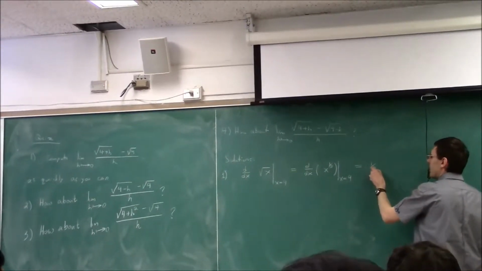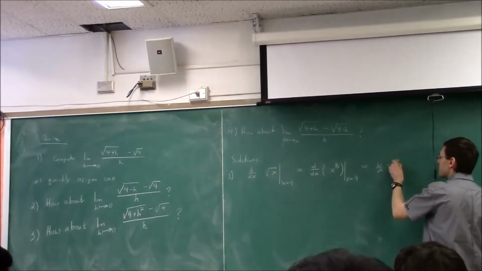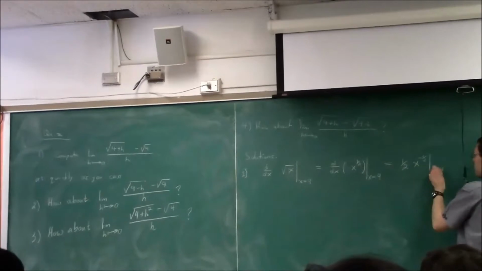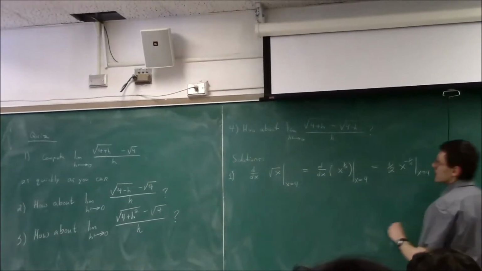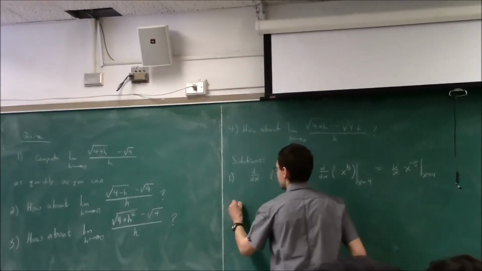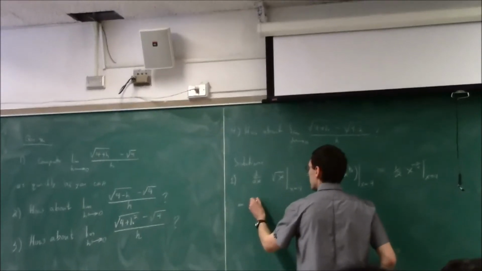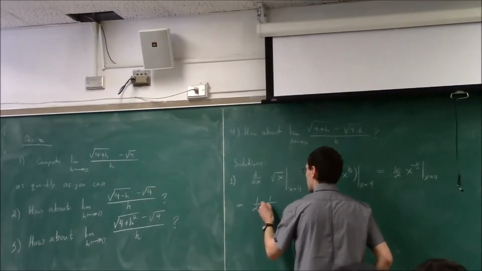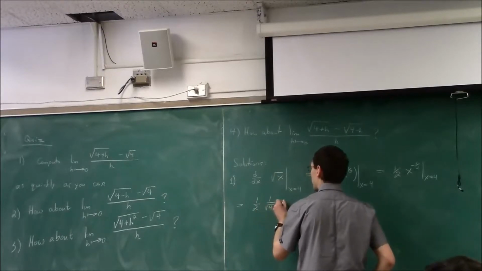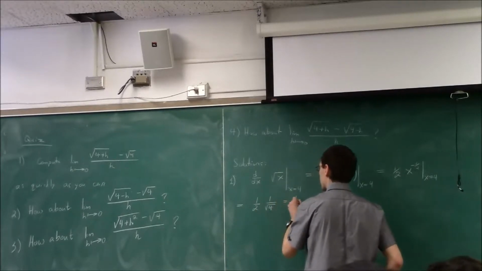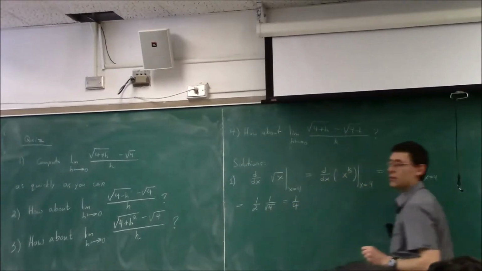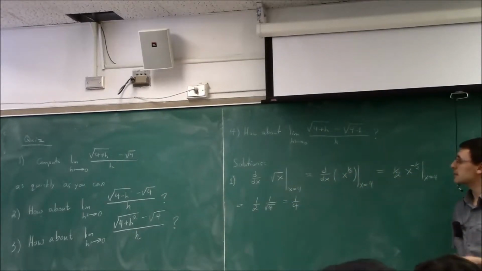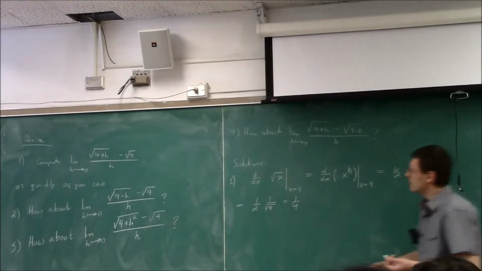This is 1/2 x to the power of minus 1/2, where x is 4, which is simply 1/2 times 1 over root of 4, which is simply 1 over 4. Correct? That's the answer to number 1.